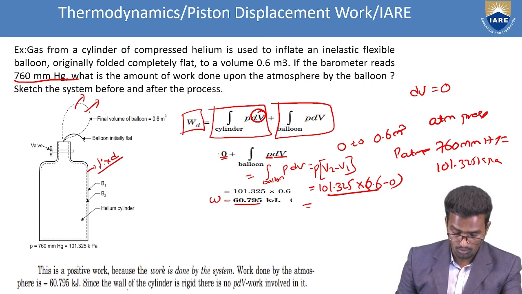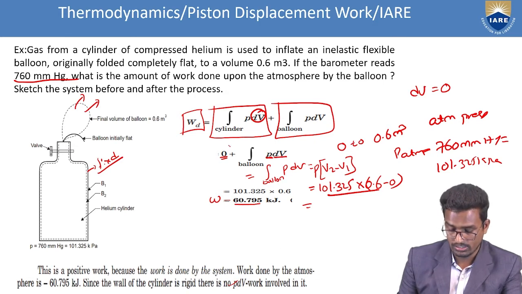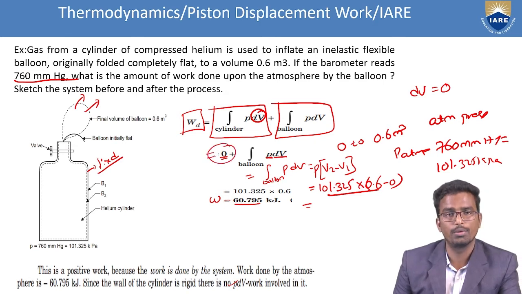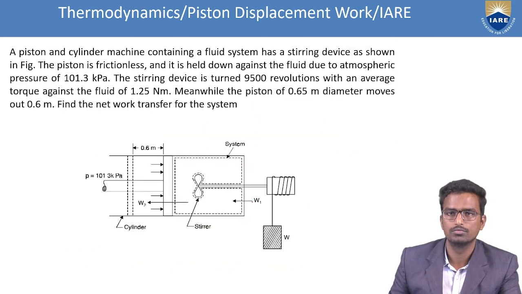Since the walls of the cylinder are rigid, there is no PdV work involved in it. So we take that there is no work involved by the cylinder because its walls are rigid, and we say that for the atmosphere it is negative, for the balloon it is positive, right?